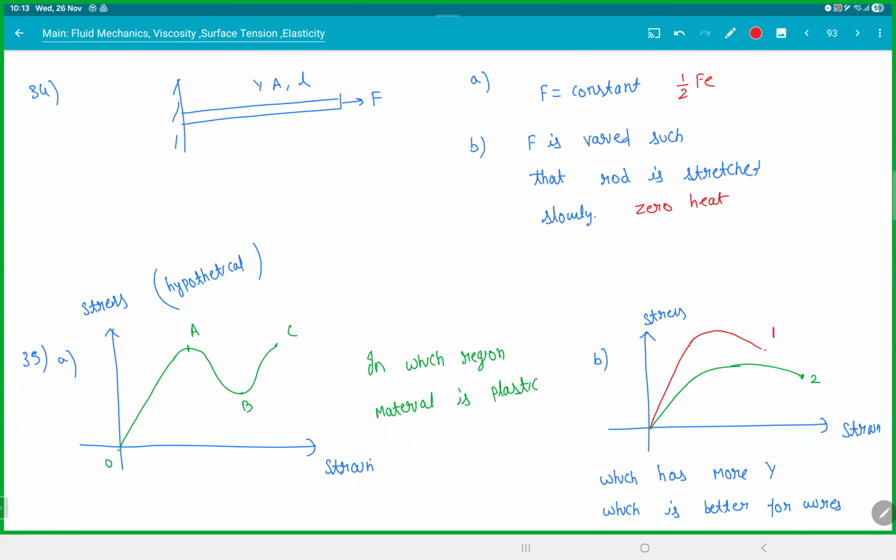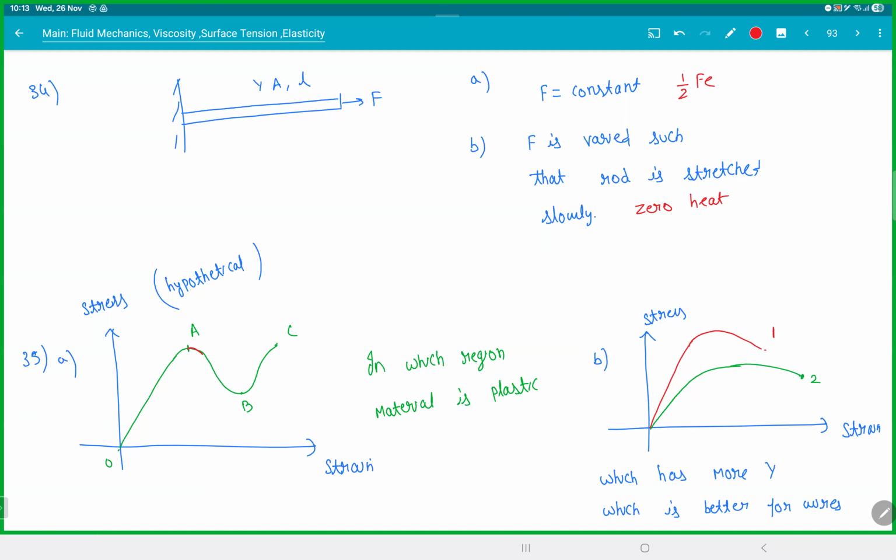This thing, remember? In which region is the material plastic? Do you guys remember what is plastic? Even when you decrease the tension, technically what should happen? If you decrease the tension, elongation should decrease. Means if you decrease the stress, strain should decrease.